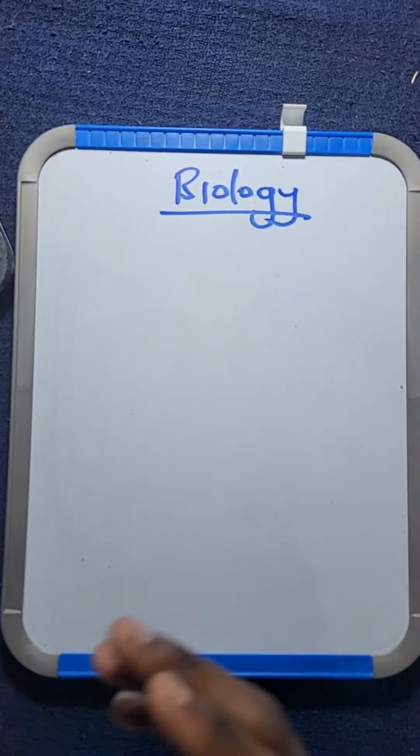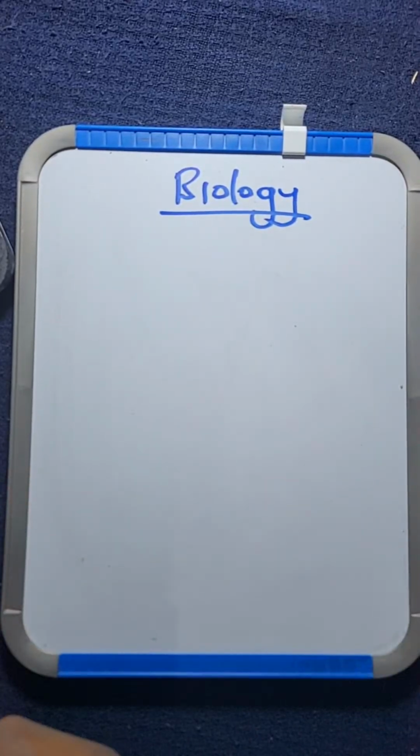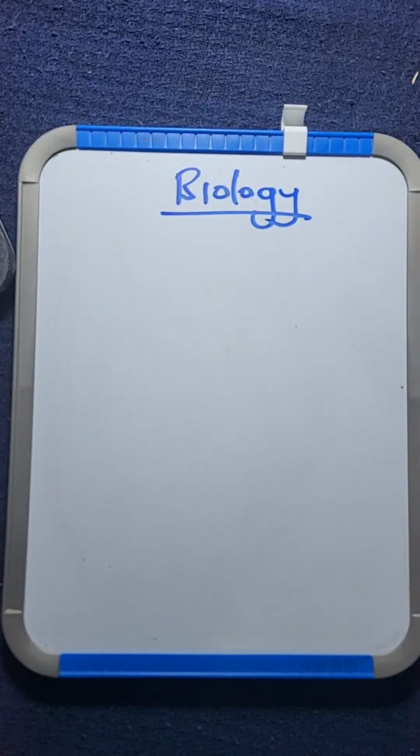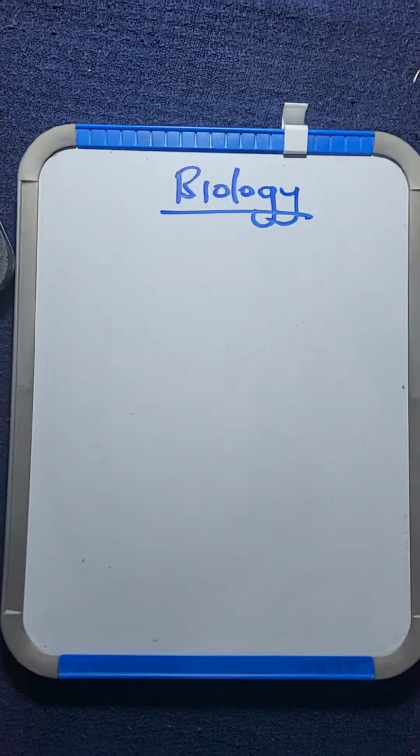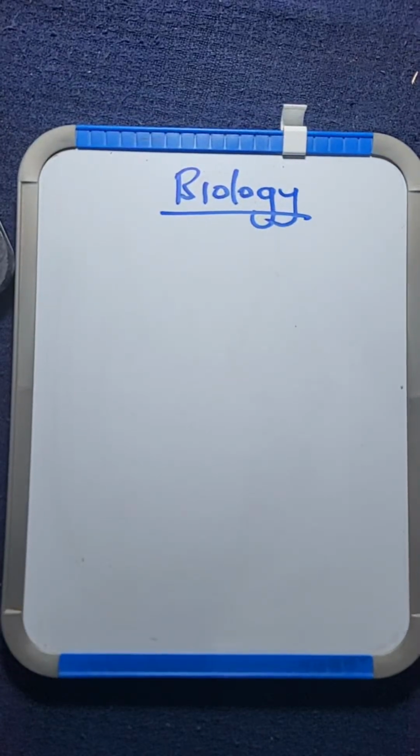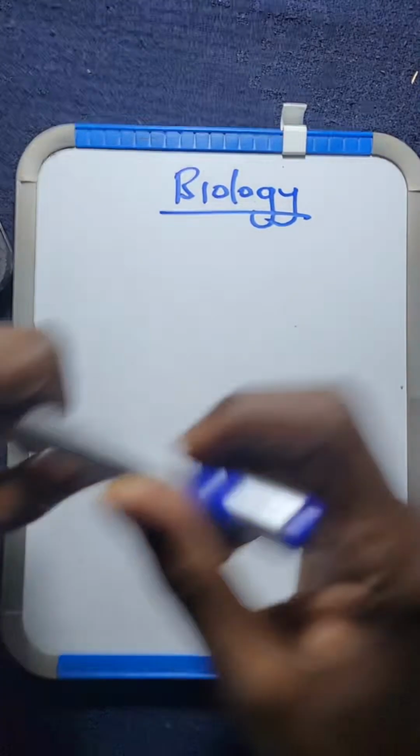Okay, so there are a lot of things that we need as animals to survive. So when I talk of animals, even plants need food, and for plants, they make their own food by the process of photosynthesis. Now, there is something that you need to know. Living organisms are made up of systems.